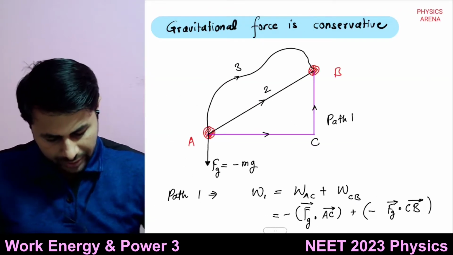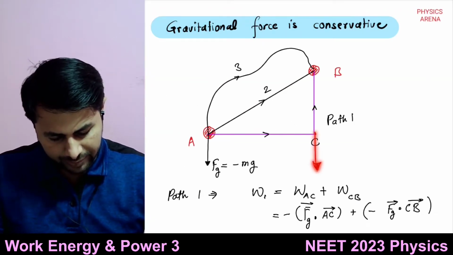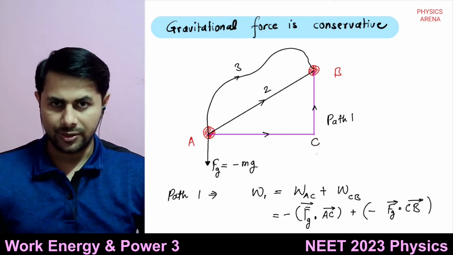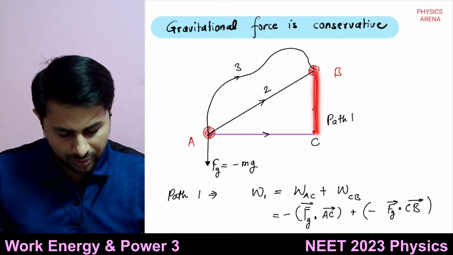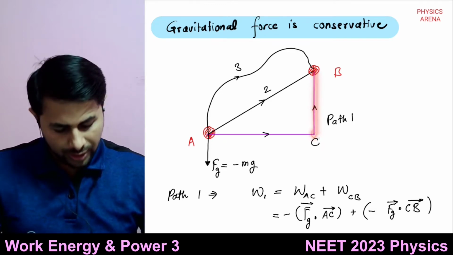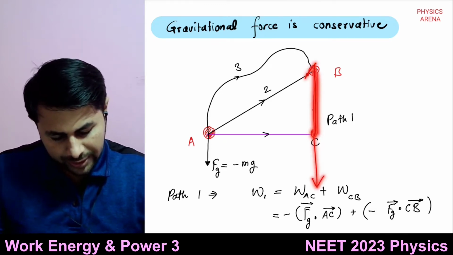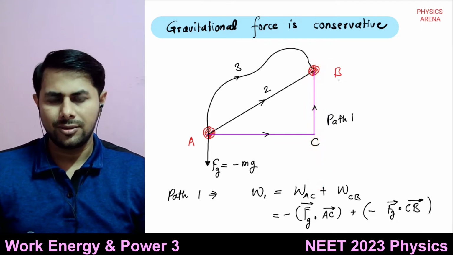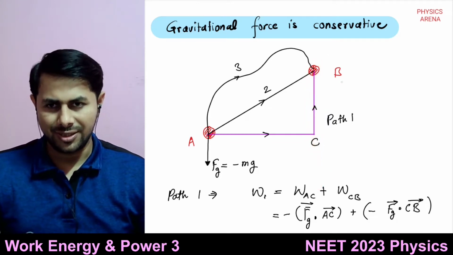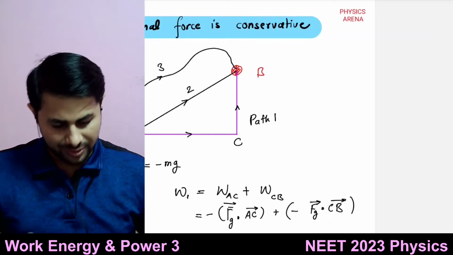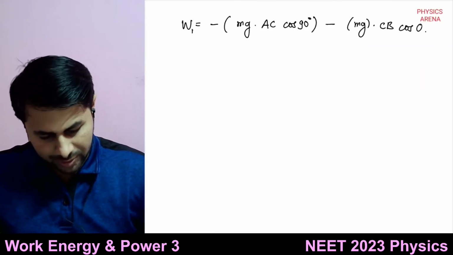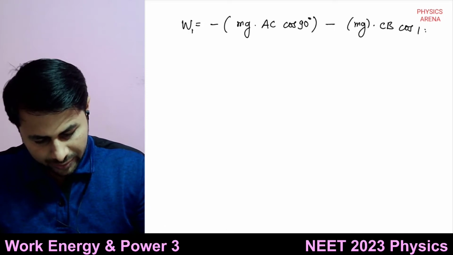So now the gravitational force is acting downwards and its magnitude is mg, right? And I am moving this object from C to B. So how much would be the angle between this force and the displacement? 180 degrees, right? The angle will be 180 degrees. Okay, so it's not cos of 0, it is cos of 180 degrees.